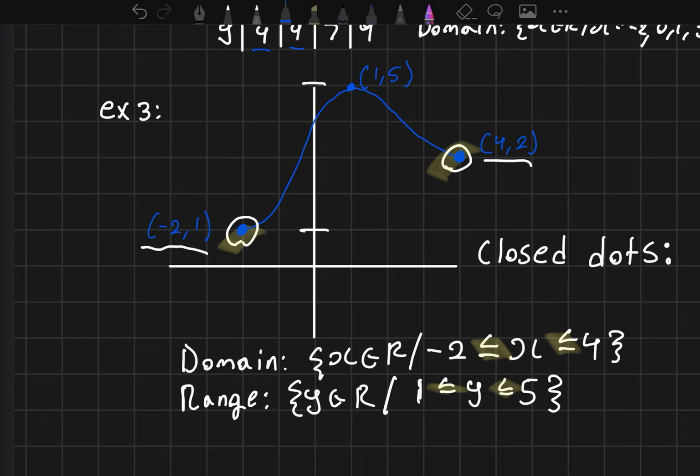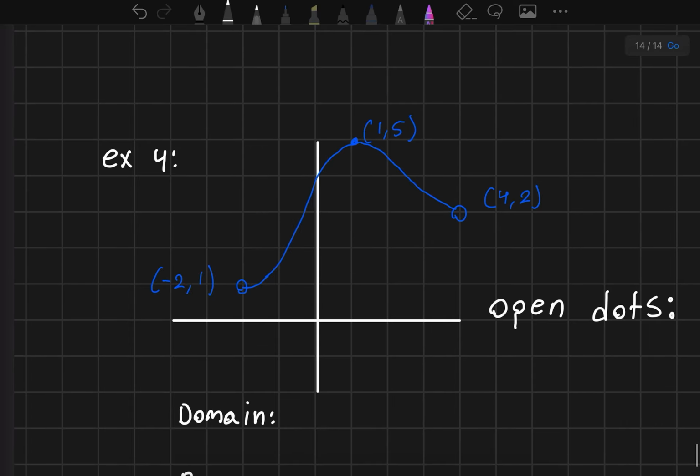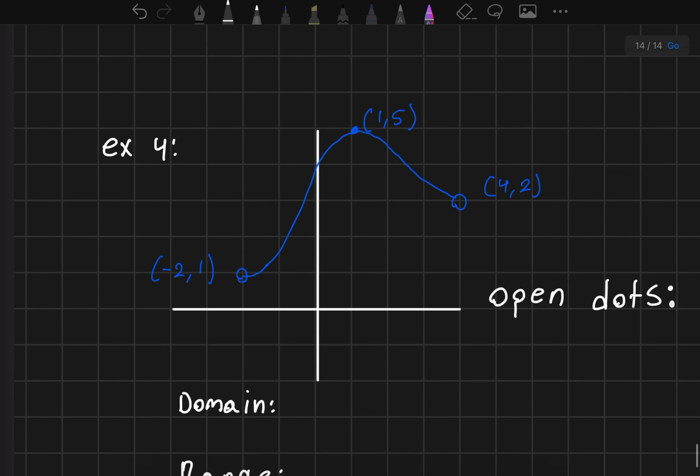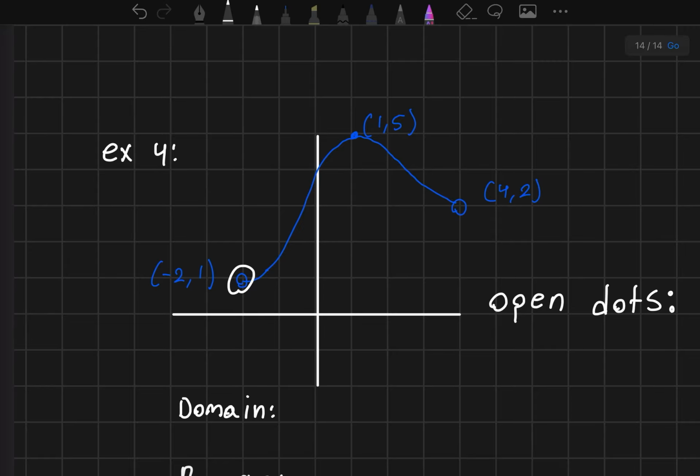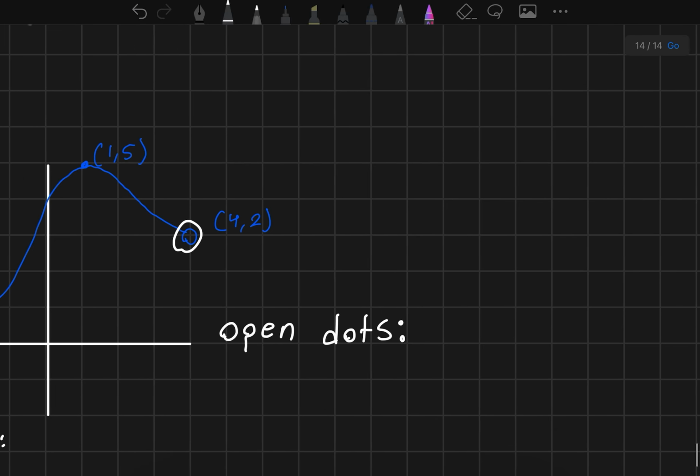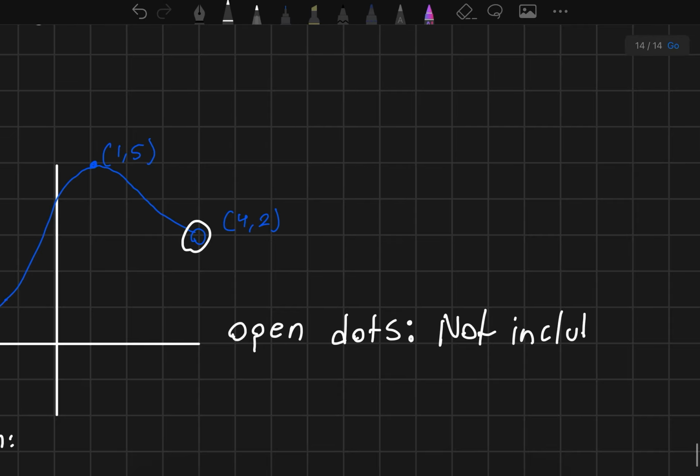Now, moving on, let's try an open dots example. So here we have the exact same graph, but instead the points are open. And when the points are open, that means they're not included.